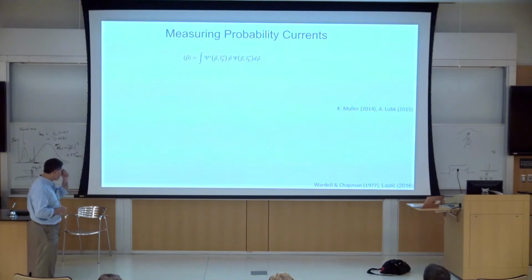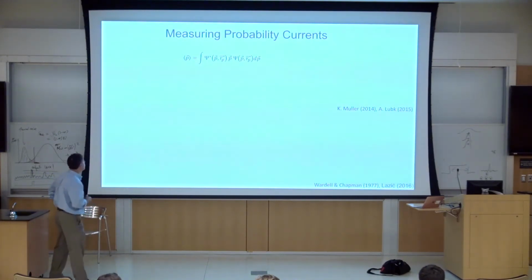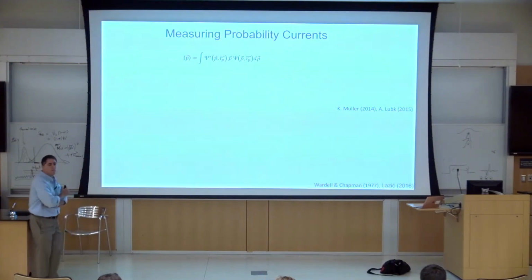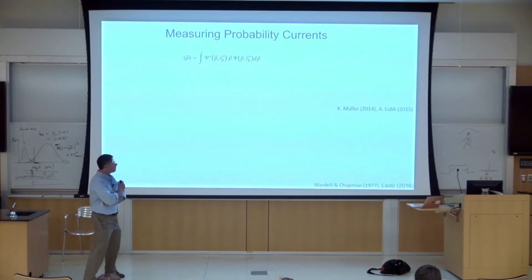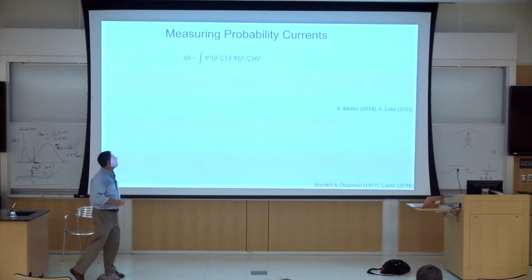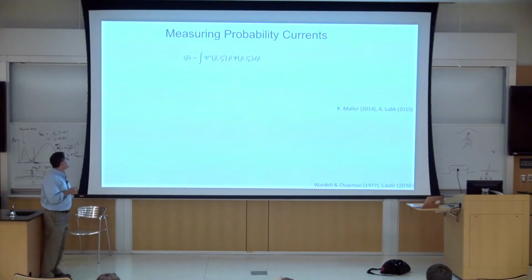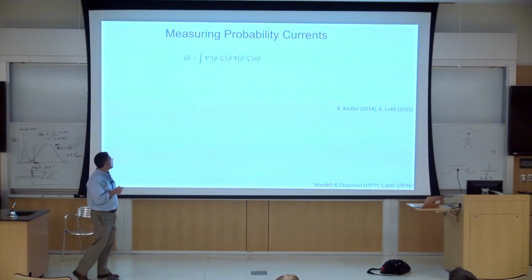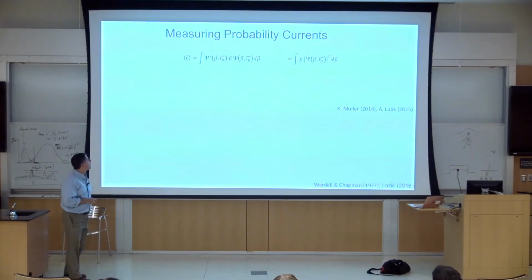The thing we're going to do with the detector that's a little different from traditional diffraction work is we're going to measure probability currents. So remember I told you that the diffraction plane is the momentum plane. This is the definition of the expectation value of momentum: wave function, momentum operator, wave function.